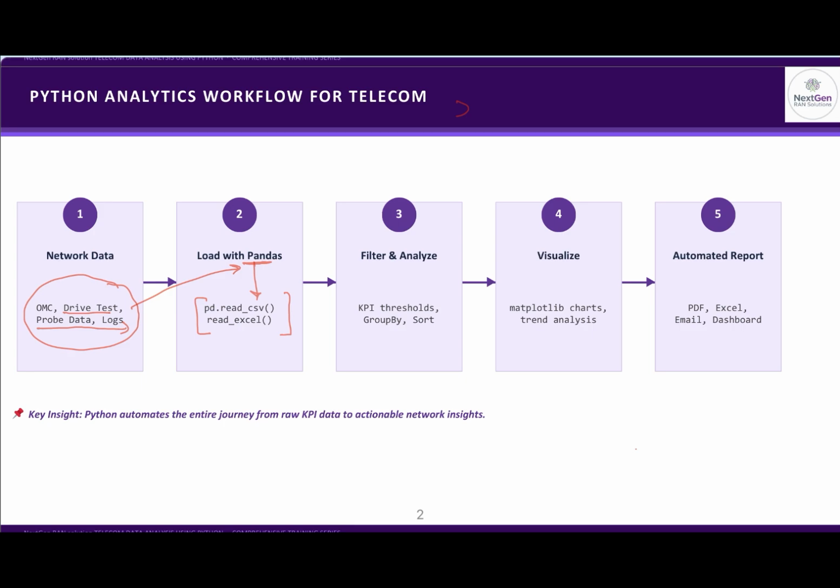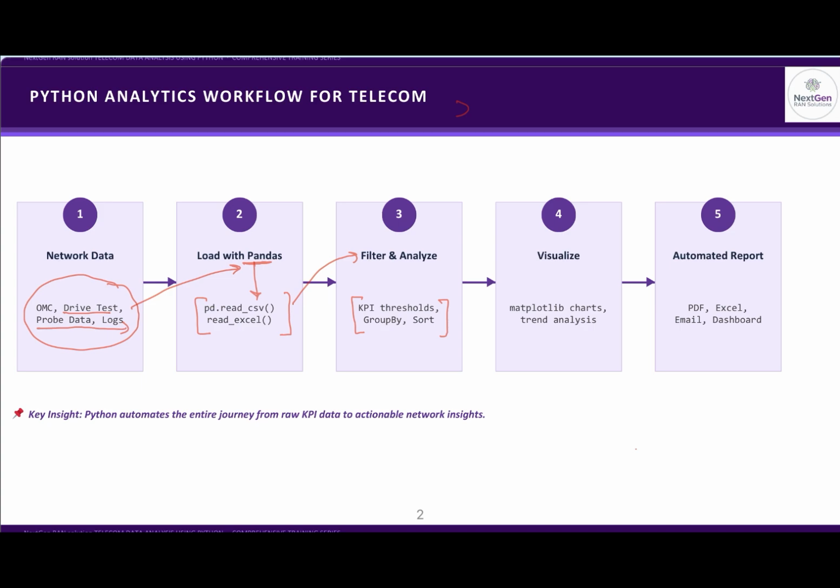To read that CSV, pandas uses the command pd.read_csv or read_excel. Okay, and then if you have to filter the data, we are going to use multiple conditions like KPI thresholds. What should be the KPI threshold? We are going to group the data, like group the clusters which have CSSR below 99, or group the cells having setup rate below 99 or below 95.